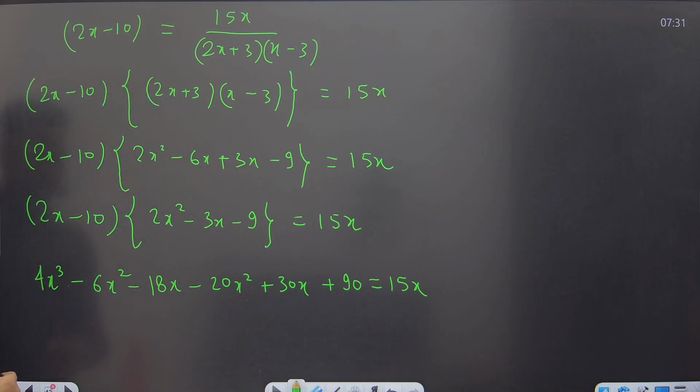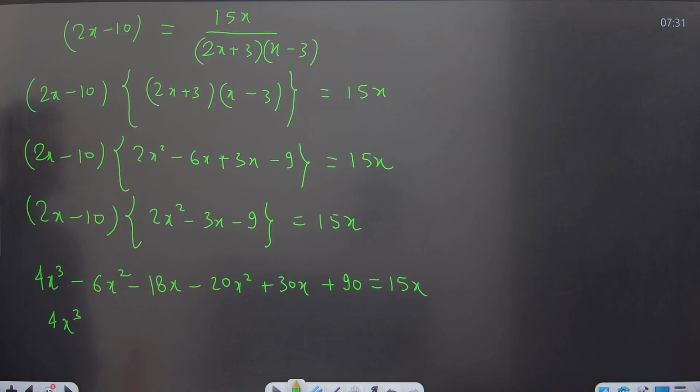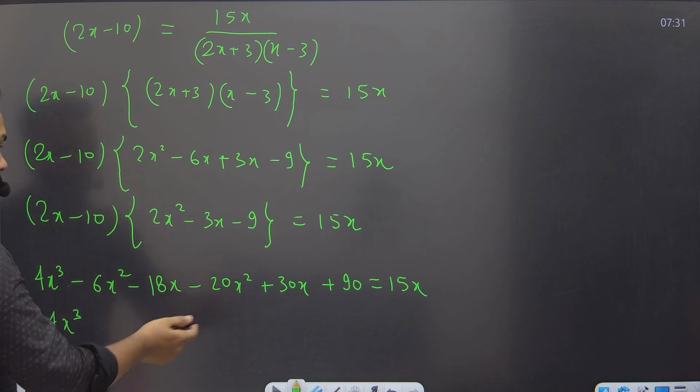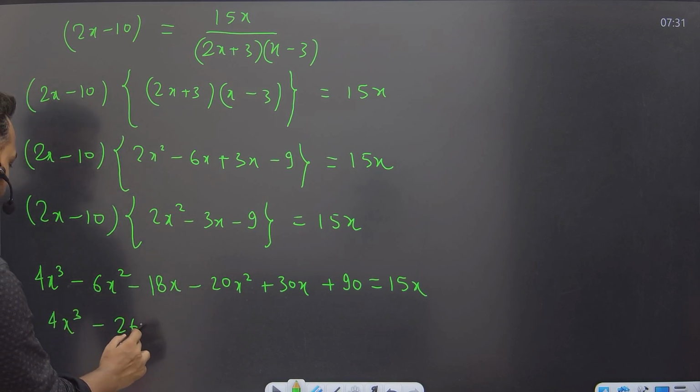Now we need to operate for the like coefficients. Minus 6x square negative of 20x square will be negative of 26x square, so you will get 26x square.